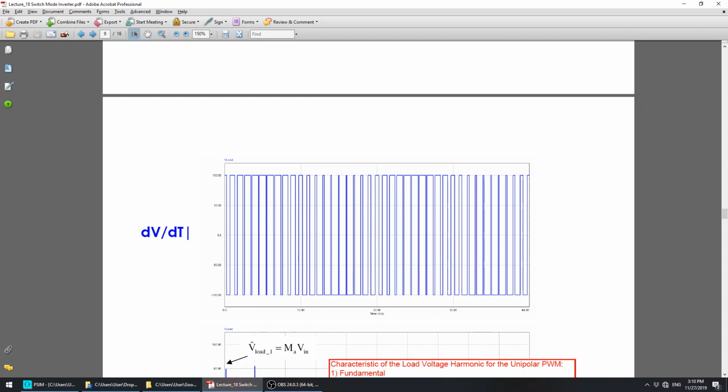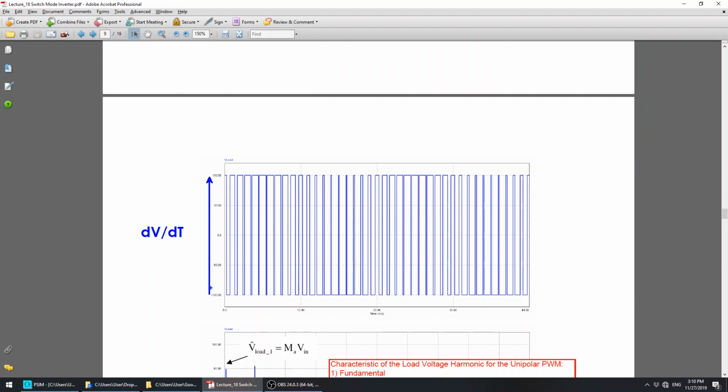So it jumps from 100 volts straight to minus 100 volts, or from minus 100 volts to 100 volts. So each switching period, the device, the MOSFET transistor, will experience a large jump of voltage.